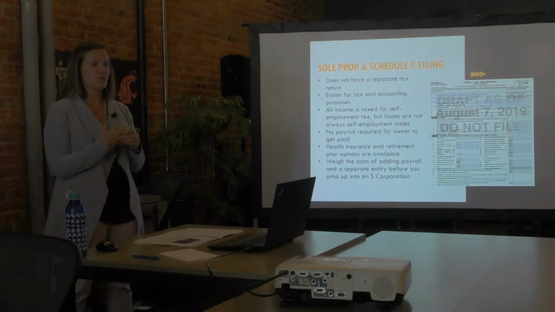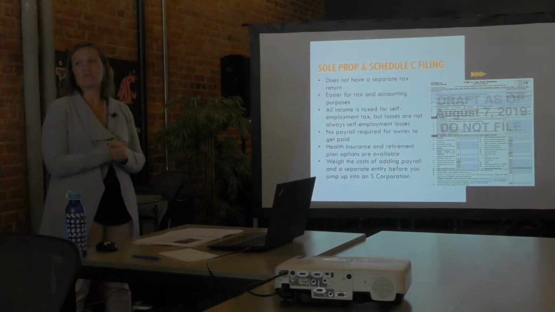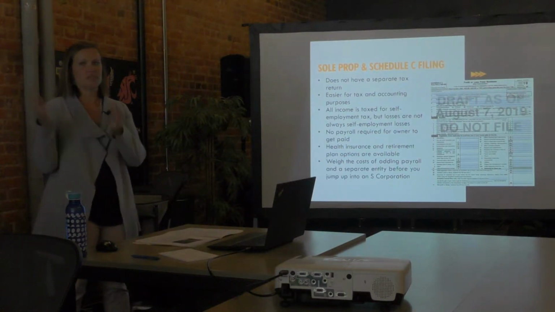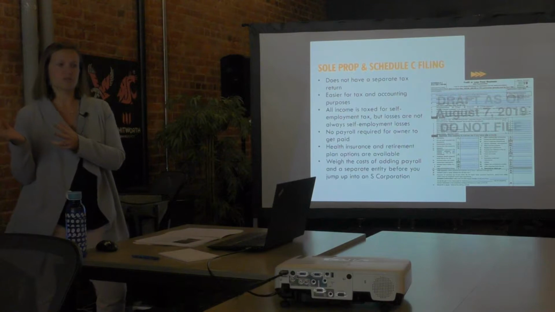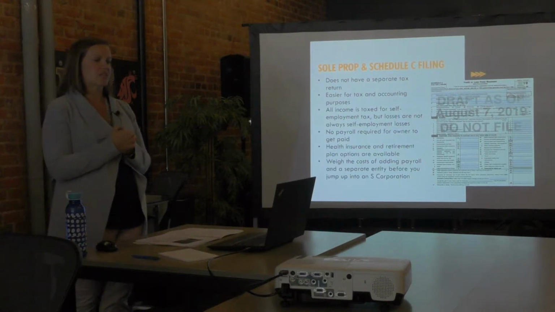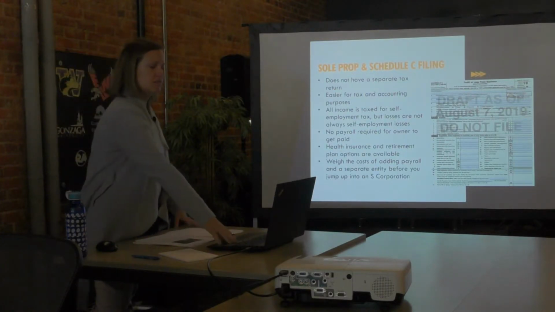Maybe if your whole plan is to give 10% to charity, maybe you don't do a flow-through entity, maybe you do a C corporation because they don't have the same limits on charitable donations as your personal return does. That's the biggest and best example I can think of, but that's just something to consider.